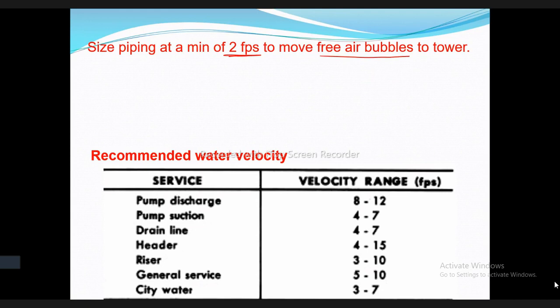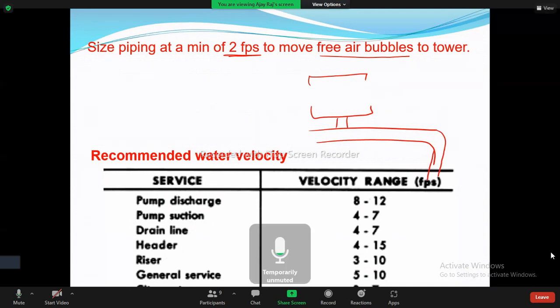If your velocity is less than 2 FPS, then what will happen? Anybody tell me? Yes, sir. Yeah.